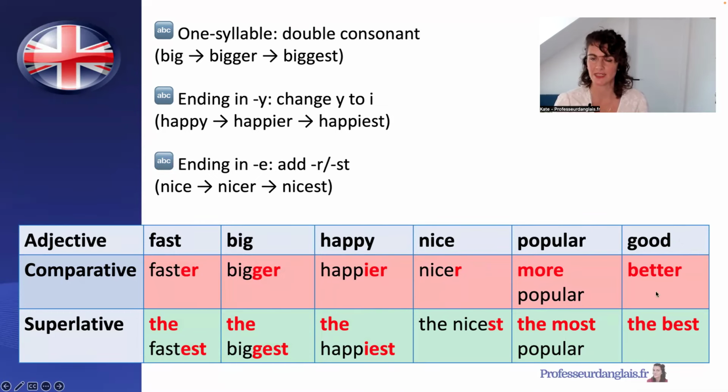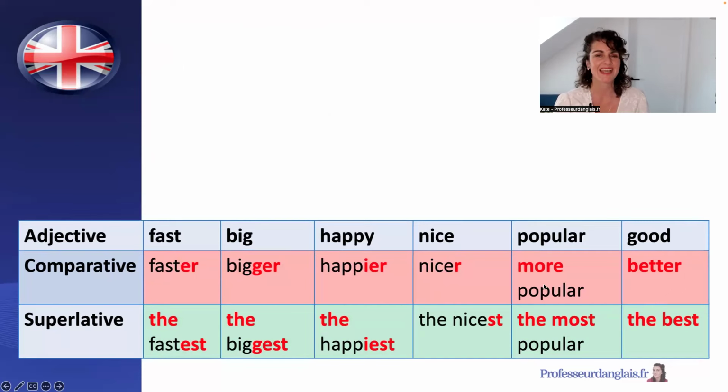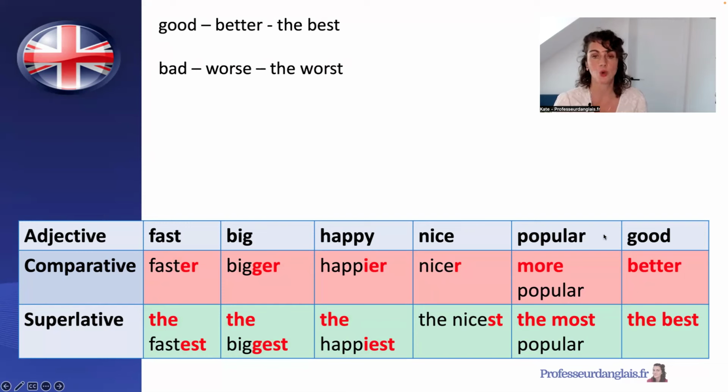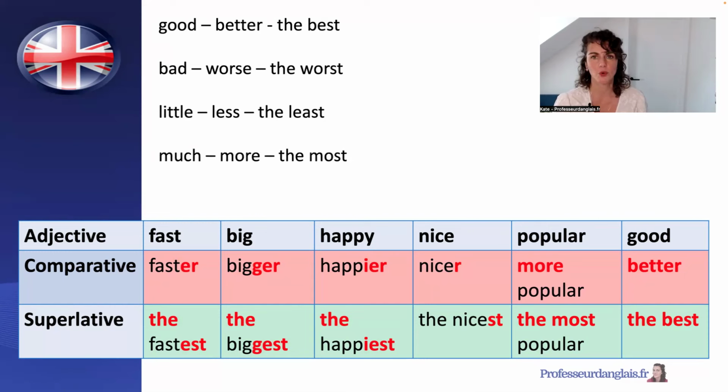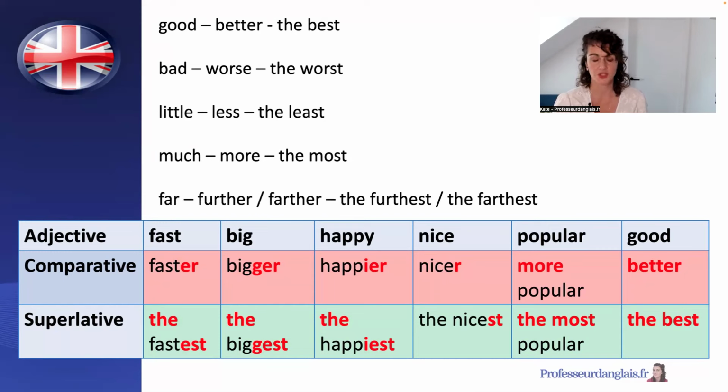These just need to be learnt. Some other common irregular adjectives are good, better, the best, bad, worse, the worst, little, less, the least, much, more, the most, and far, which can be further or farther, the furthest, the farthest.